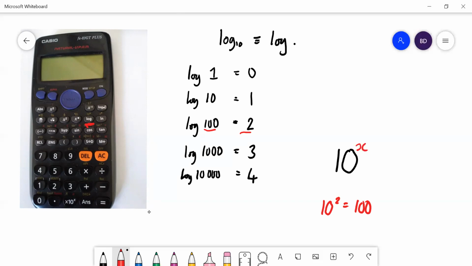But let's think, what would happen if you had a log of 50? You can probably guess that it's going to be bigger than 1, but smaller than 2.